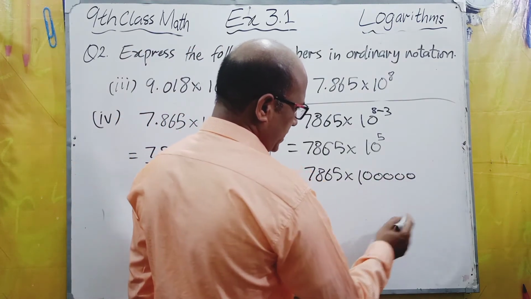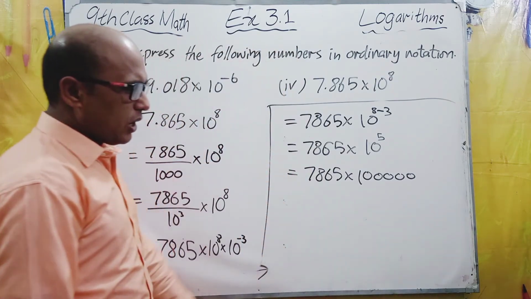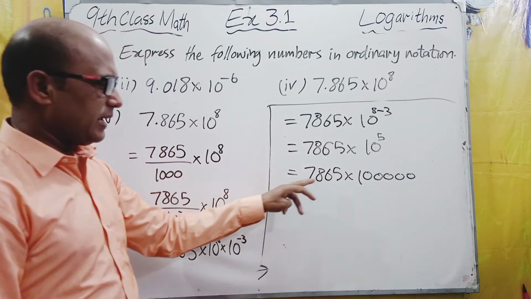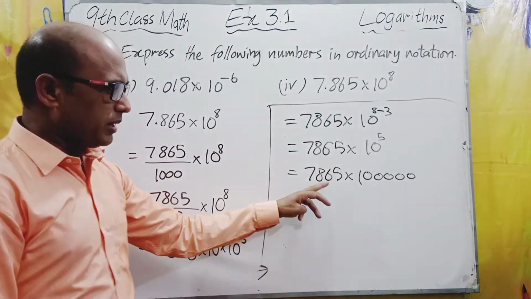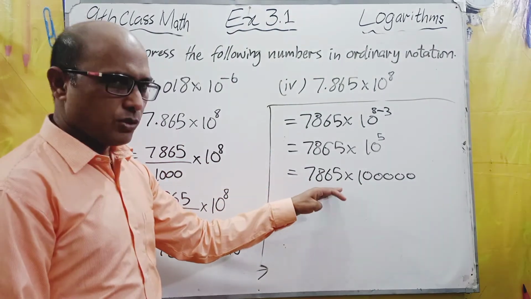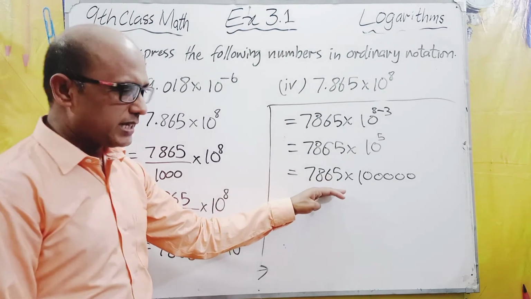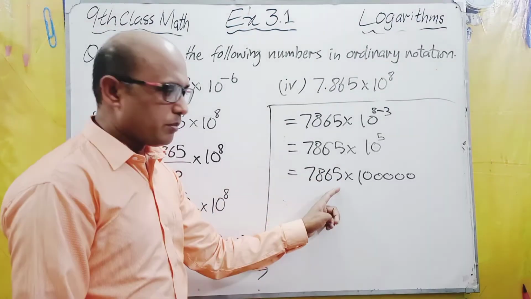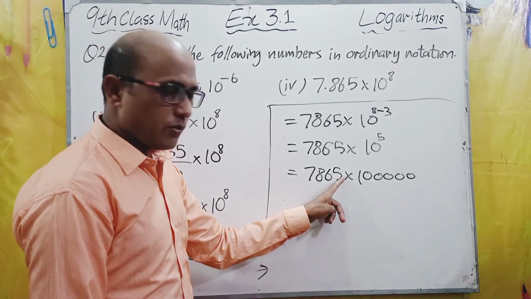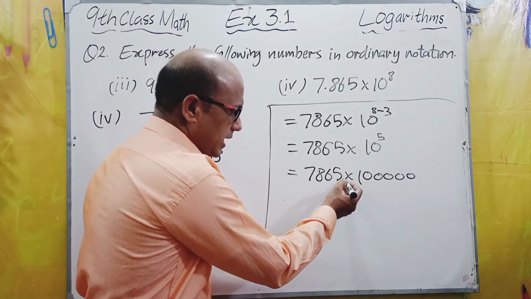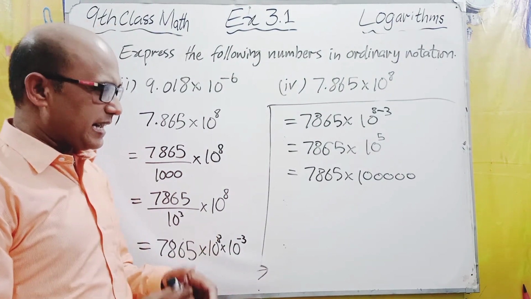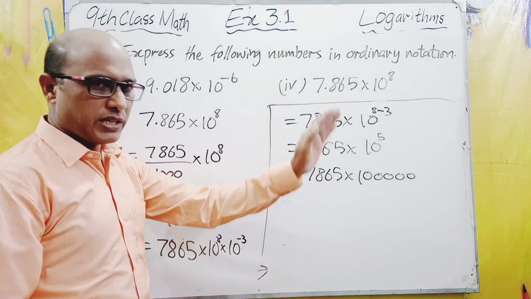We'll write 5 zeros along with 1, and when we multiply it with this number, because this number has no visible decimal, but there is a decimal in this number which is invisible. The number which has no decimal always has a decimal at the end of the number.